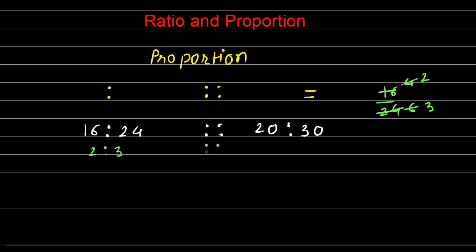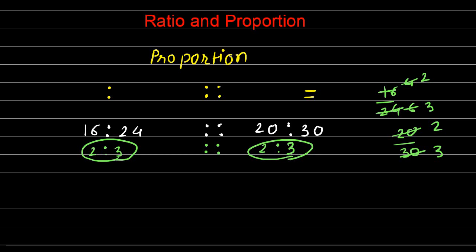And then let's see the lowest form of 20 by 30. 10 times 2 is 20 and 10 times 3 is 30. You can see that again we have got the same value of these ratios. So when you get the same value of the ratio, that means they are in proportion. So we can say 16 is to 24 and 20 is to 30 are in proportion.